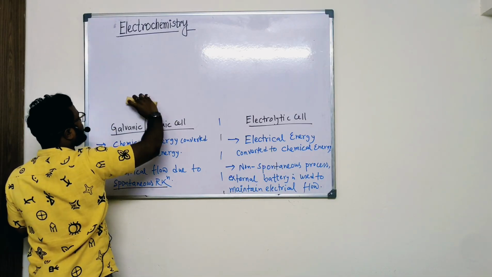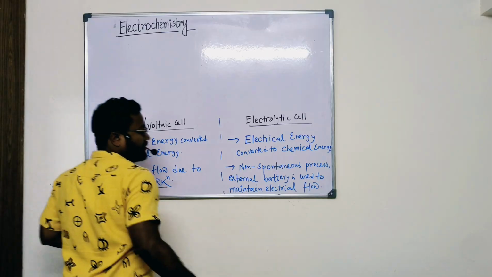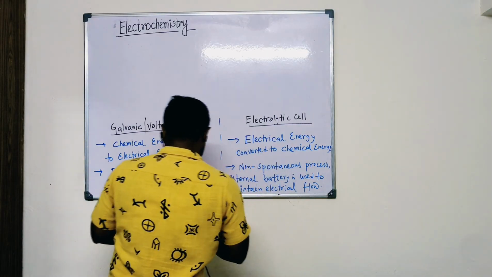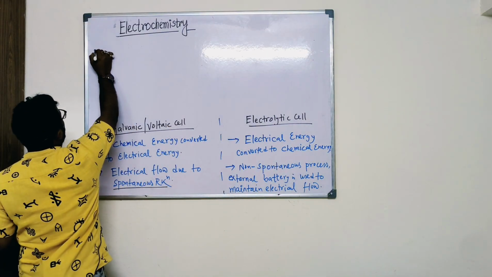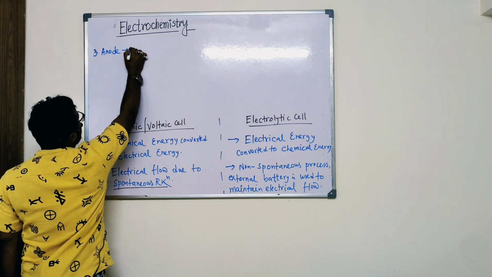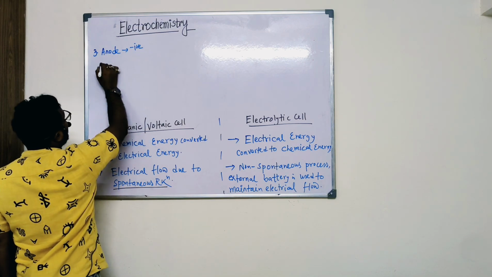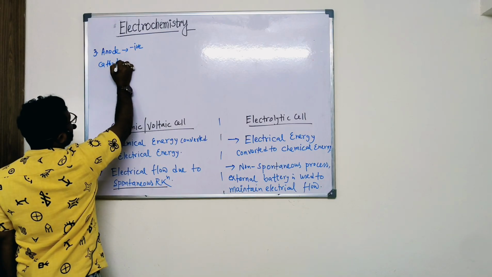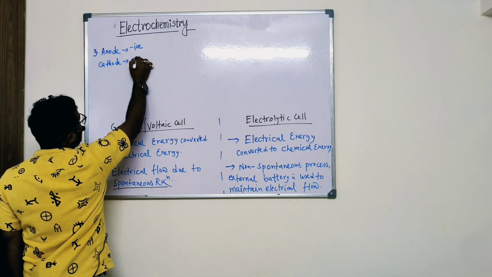Now we are going to discuss the third property for galvanic cell. For galvanic cell, the third property is that anode is negative and cathode is positive.